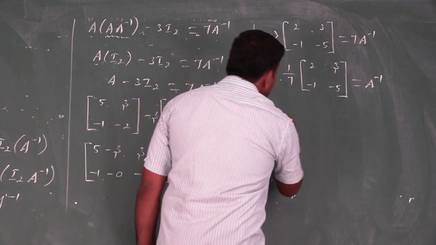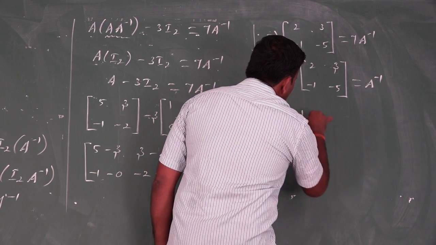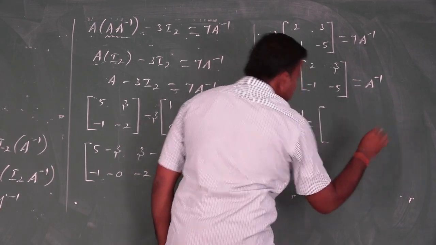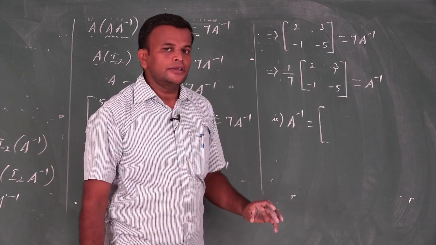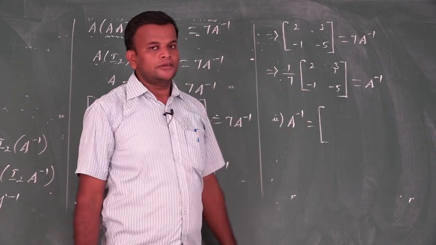A inverse is, we can leave 1 by 7 outside, or I multiply 1 by 7 inside. Okay.